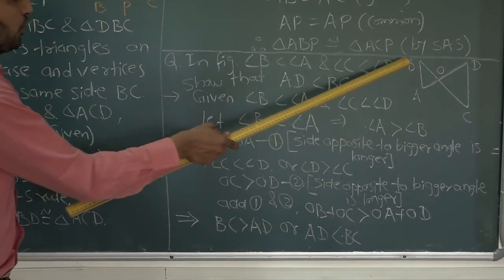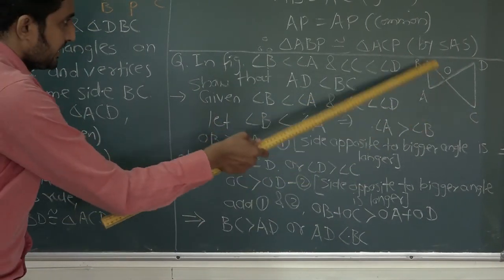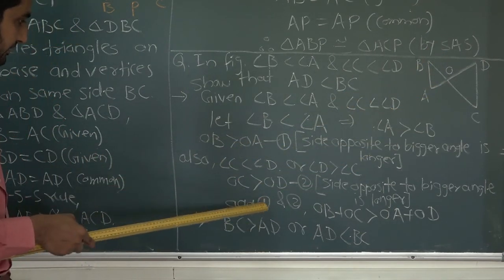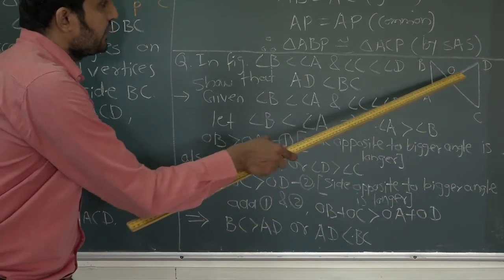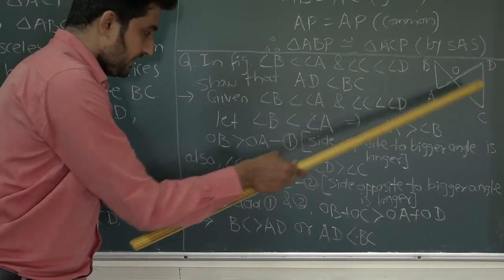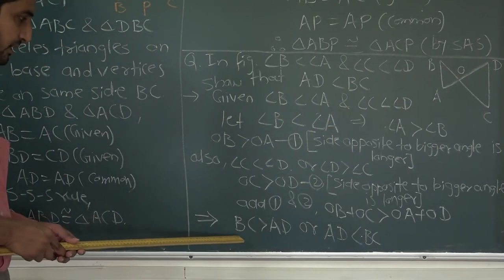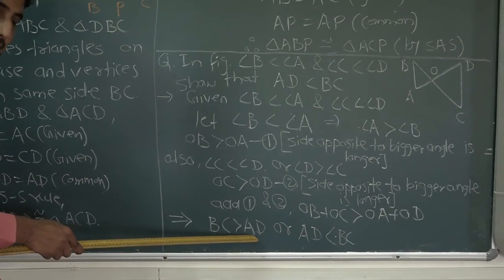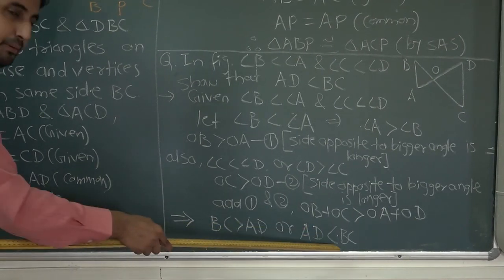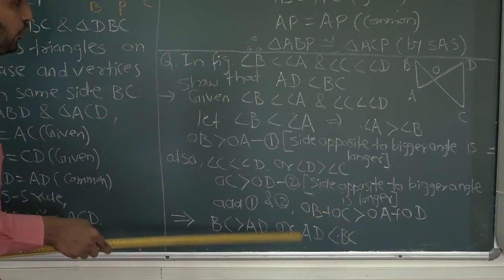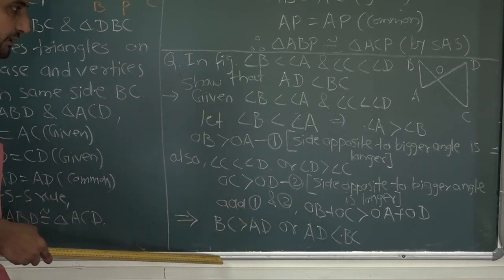So BC is greater than AD, or AD is less than BC, and hence we can show that AD is less than BC by using this result.